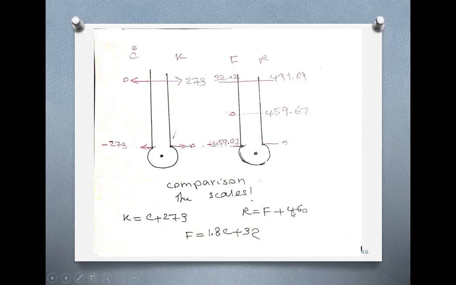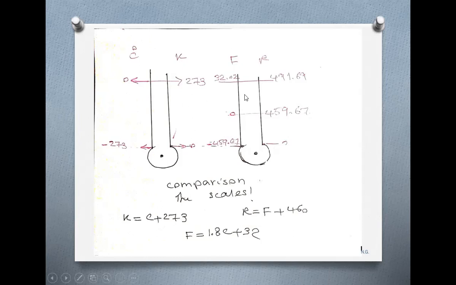So when it's 0 Rankine, which is absolute 0, put 0 here. Then Fahrenheit would be minus 460. So 0 Rankine, absolute 0, means we are at minus 460 Fahrenheit. And 0 Fahrenheit is equal to 460 degrees Rankine, right? Just use this formula, very easy.